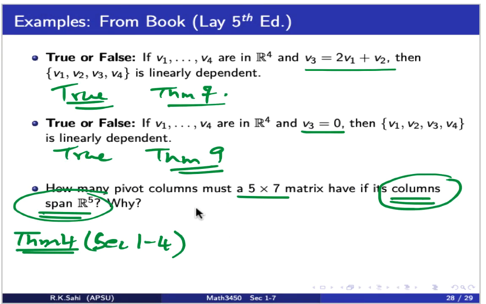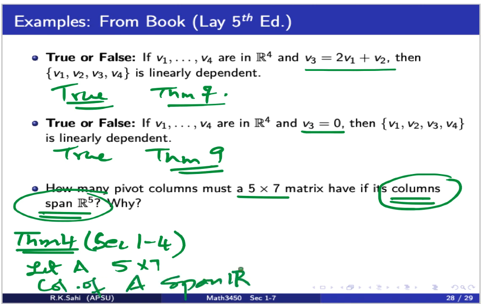Okay, so according to Theorem 4, the columns of this matrix are spanning R5. So let A be the matrix, and the size is 5 by 7. And we have said that the columns of A span R5. Do you see that here? This 5, this 5, and this 5 are the same.